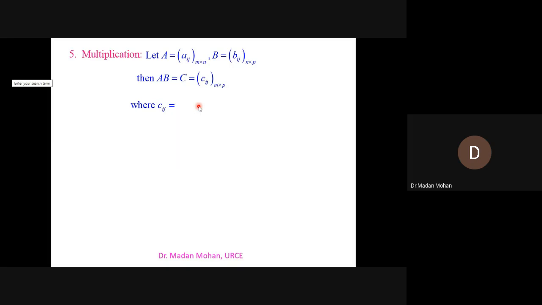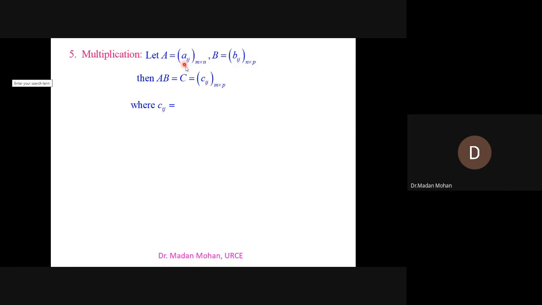You know row column wise. Cij is obtained by multiplying which row of A with which column of B? Cij is obtained from which row of A? First row or second row?